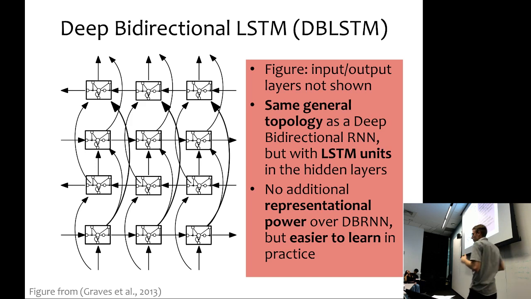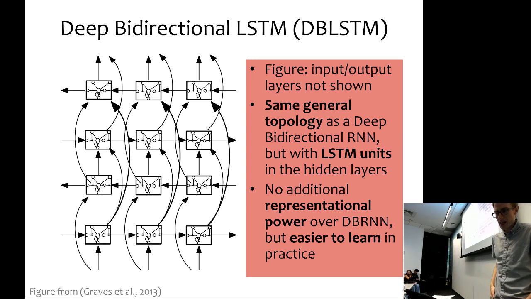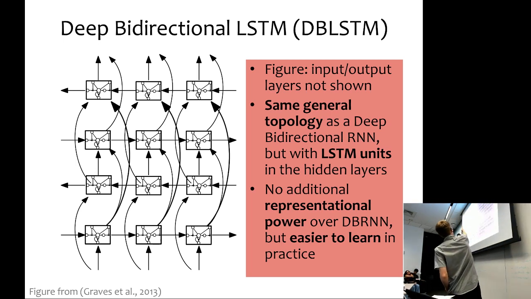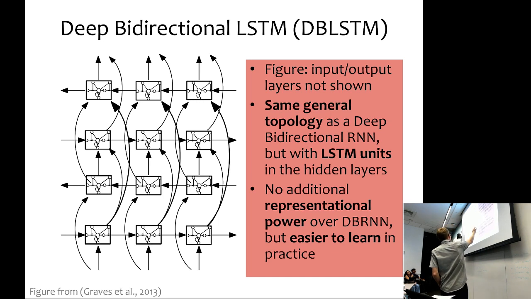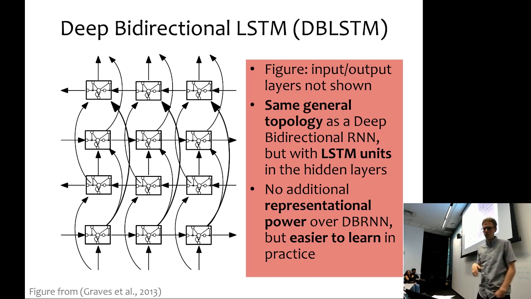Okay, so just as we could build up multiple layers of a regular Elman network, we can also build up multiple layers of an LSTM. Here we just have LSTM units in the individual hidden layers. And what we find is that these tend to be a lot easier to learn in practice. I have this comment that there's no additional representational power over a deep RNN, so a deep bidirectional RNN.